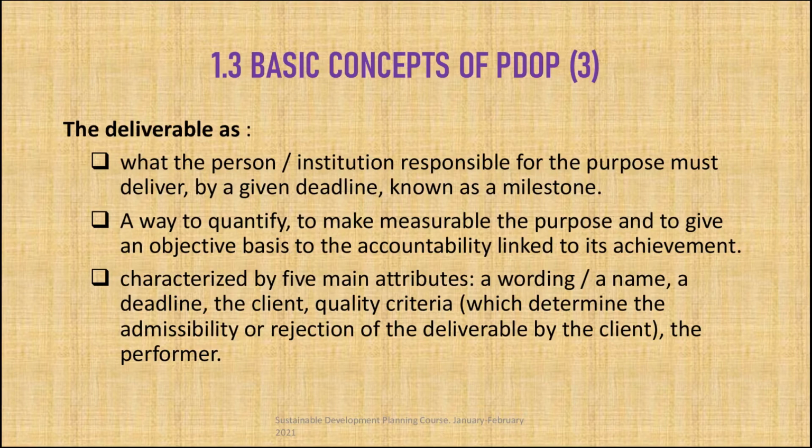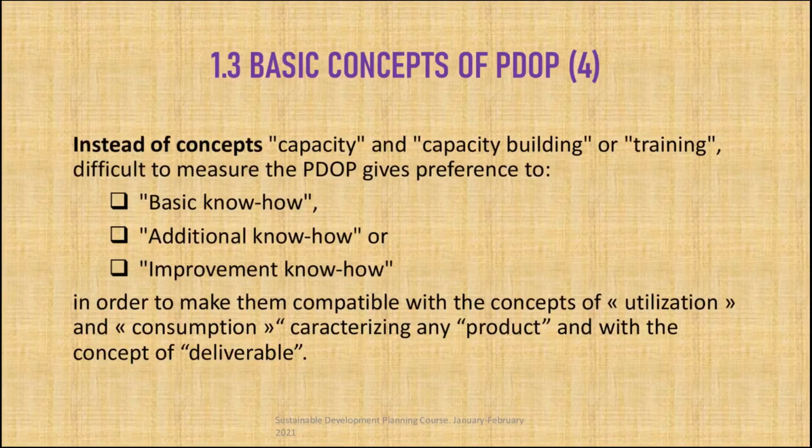And the deliverable is characterized by 5 main attributes: a wording, which is usually the deliverable's name, the deadline, the client, the criteria, which determine the admissibility or rejection of the deliverable by the client, and the performer.